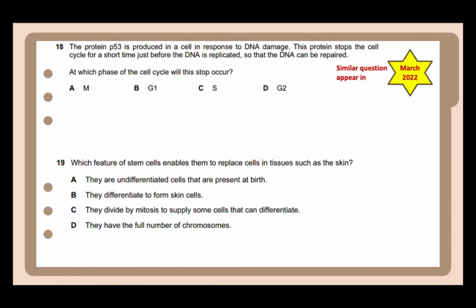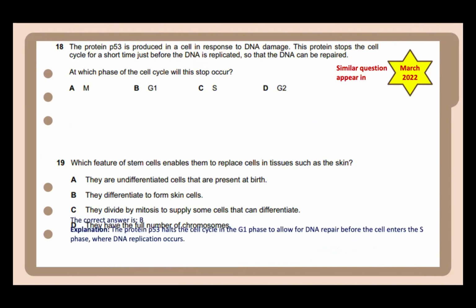The protein p53 is produced in a cell in response to DNA damage. This protein stops the cell cycle for a short time just before the DNA is replicated so that the DNA can be repaired. At which phase of the cell cycle will this stop occur?